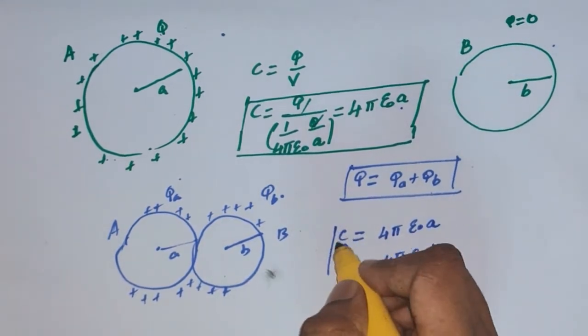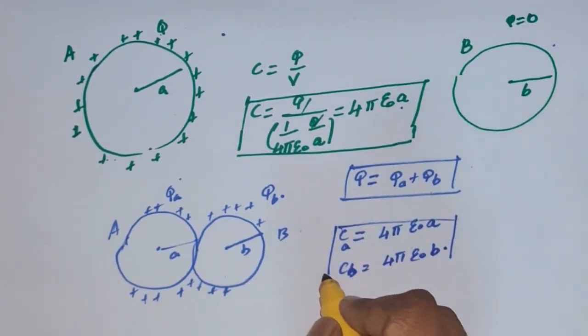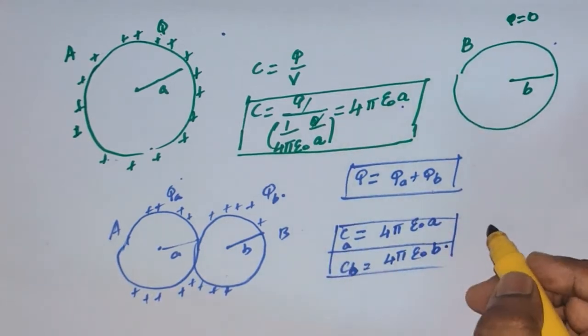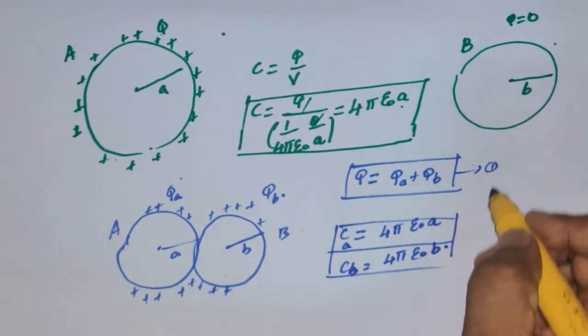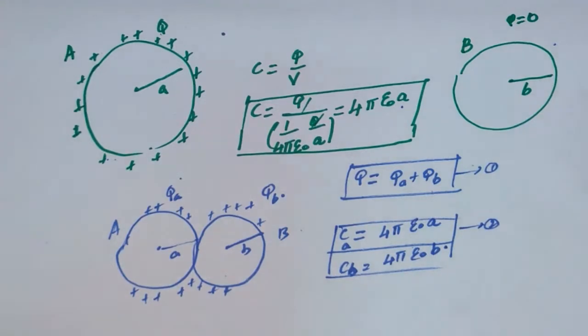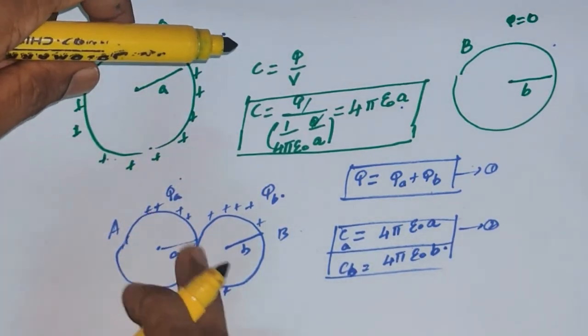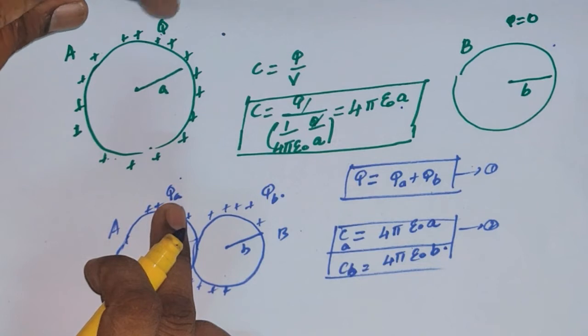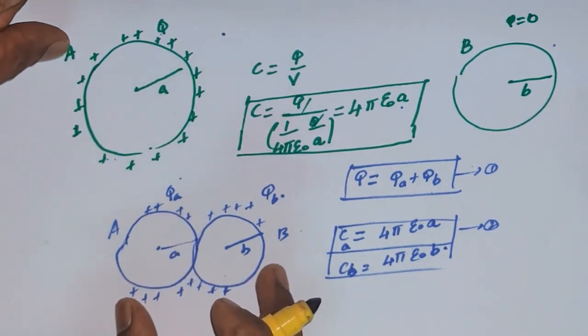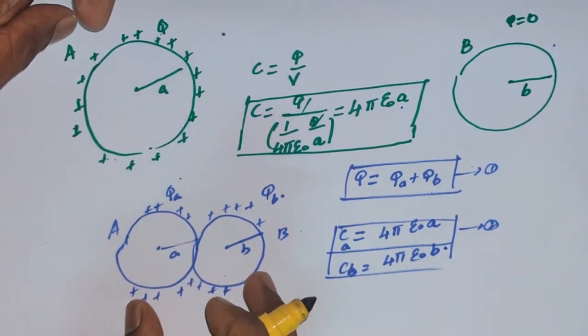These are the capacitances of sphere A and sphere B; call them equation 1 and equation 2. They are asking for the charge on sphere A after the contact, so we need to discuss this problem qualitatively.